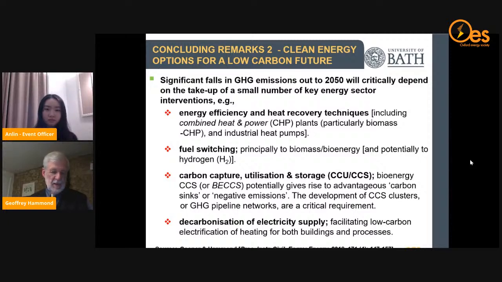And I mentioned that those might be ideal candidates for the development of carbon capture and storage clusters and greenhouse gas pipeline networks out into the North Sea. And finally, obviously, we want to decarbonize the electricity sector, which is what I've mainly been talking about. So facilitating low carbon electrification of heating for both buildings and processes.